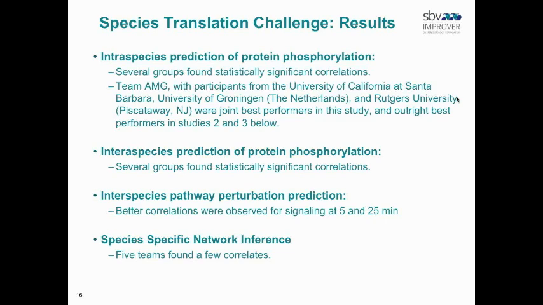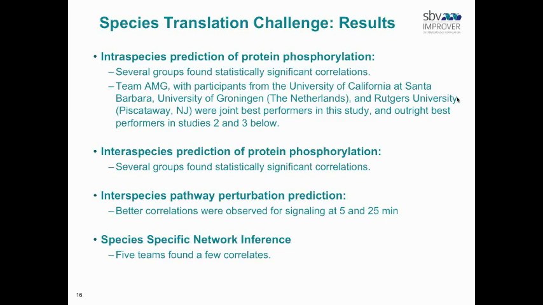Prediction between species was more challenging, though several groups did find statistically significant correlation. Phosphorylation perturbation within rat was found to be easier to predict at 5 and 25 minutes. That's probably because the phosphorylation data are more accurate at those time points.